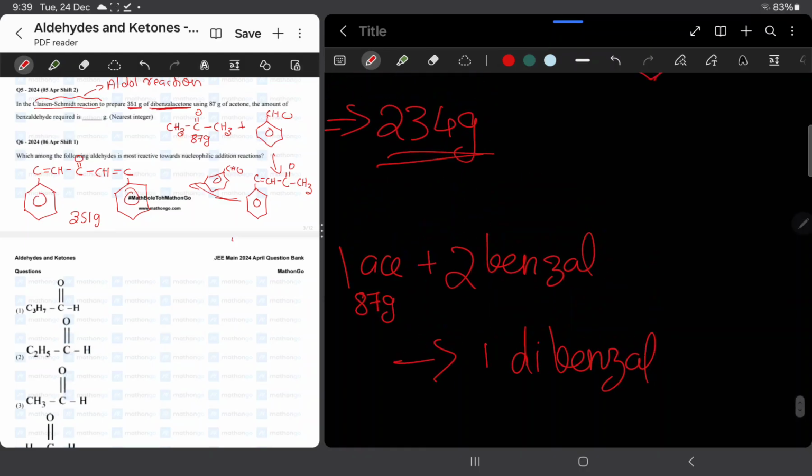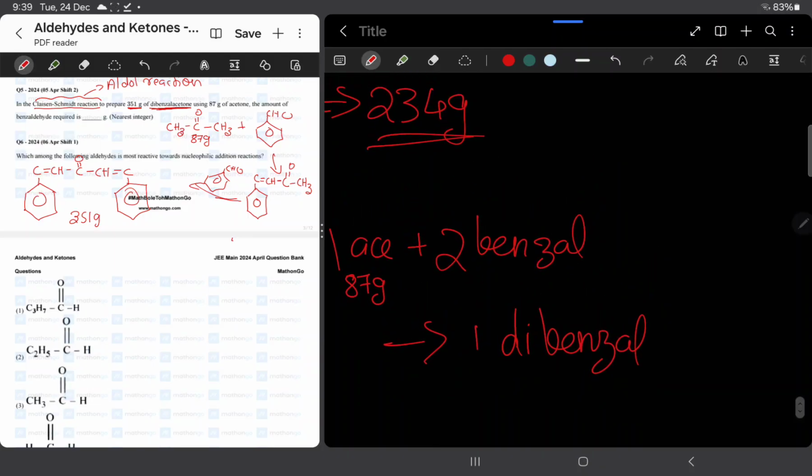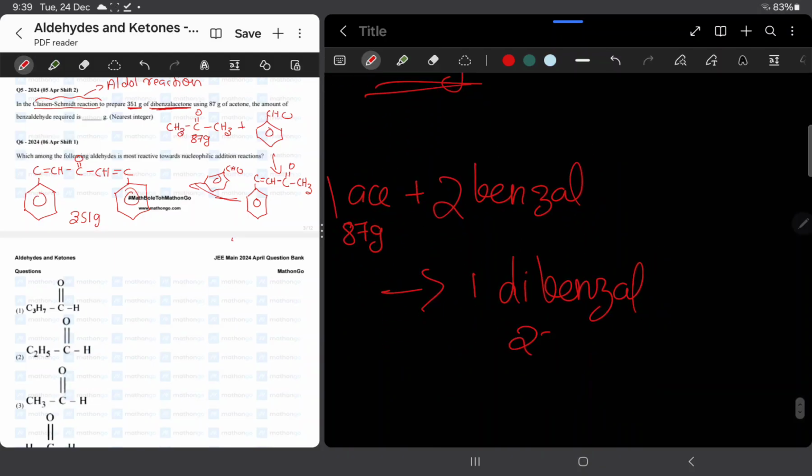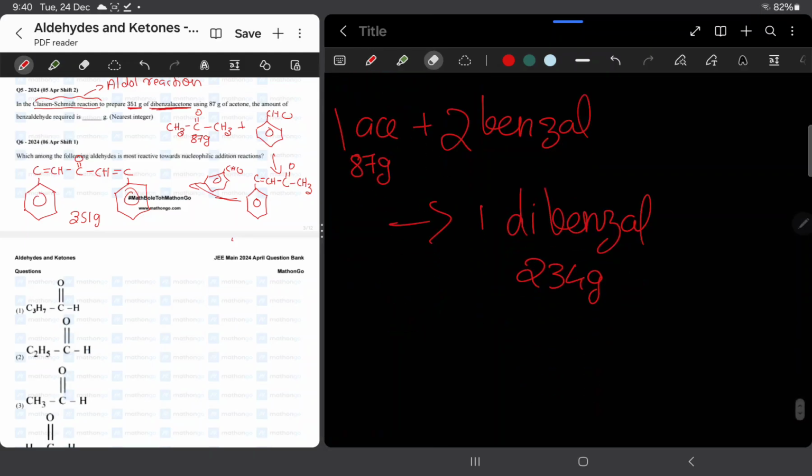And how much of this are we getting? 234 gram, right? Yes, sorry, someone came here.